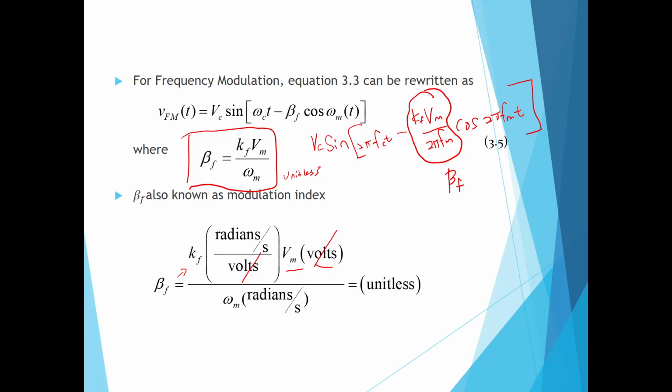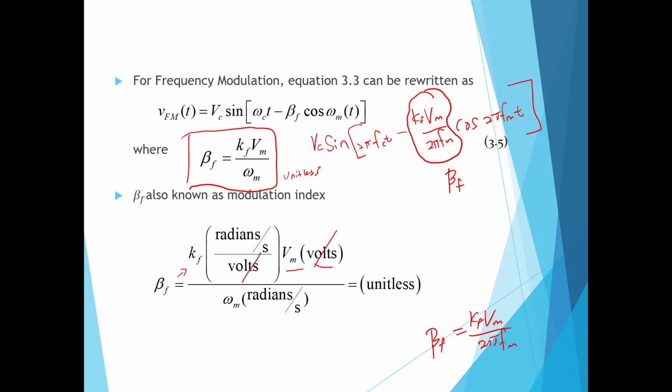So beta F you can write like this: beta F is equal to Kf Vm over 2 pi fm, where the unit of Kf is radians per second per volt.